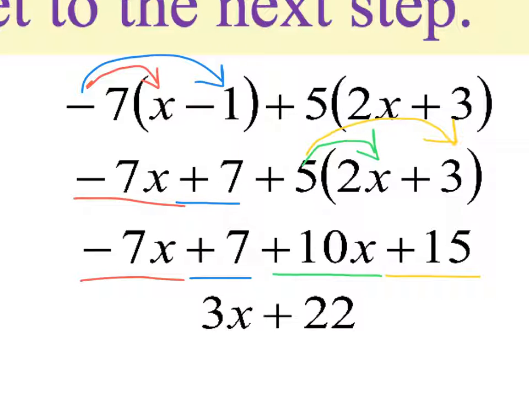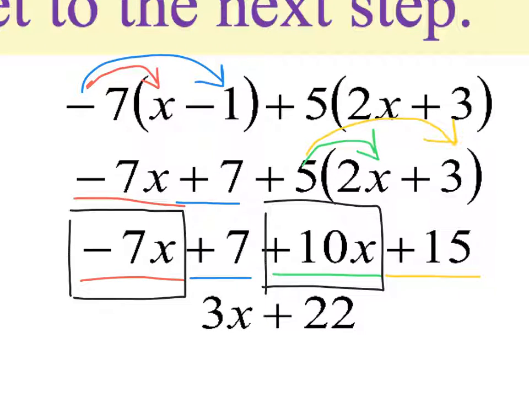What I'm going to do is combine this 7x and this 10x to give me my 3x, because we're going to do 10 minus 7.